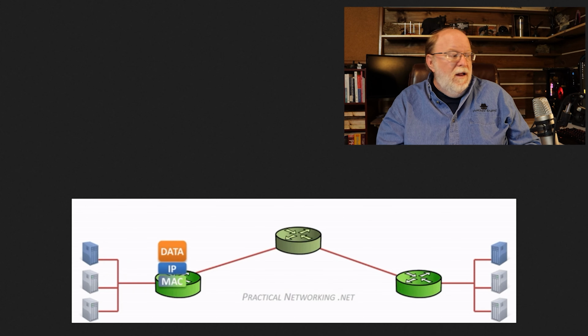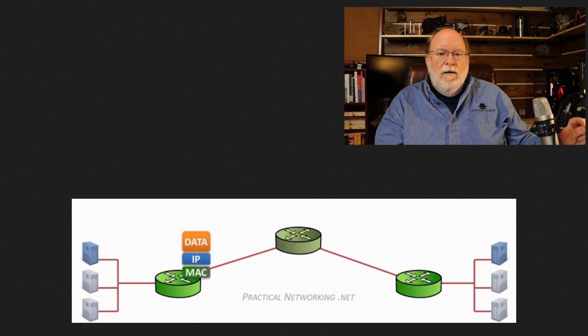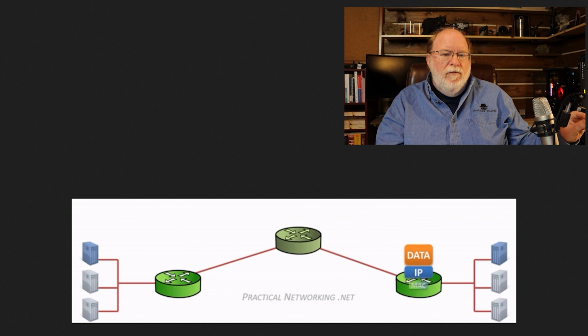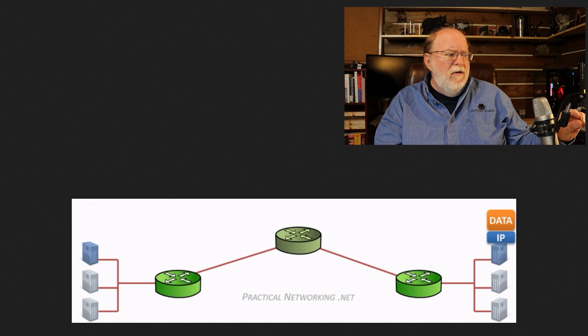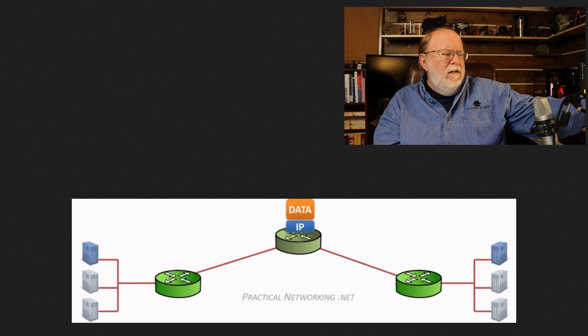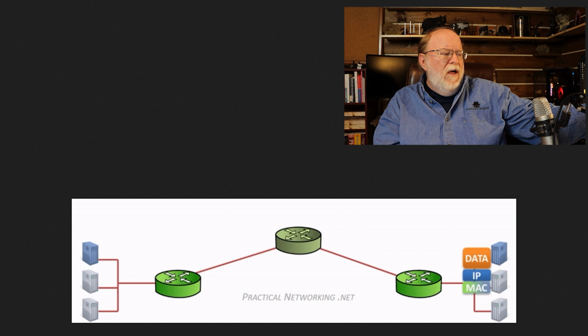Let's take a look at this example from practicalnetworking.net. It shows data and an IP address that's associated together. But as you notice, as it goes through, it starts with a MAC address. The data goes out, and then the MAC address goes away, and then a new one's added. Then it goes away, a new one's added.